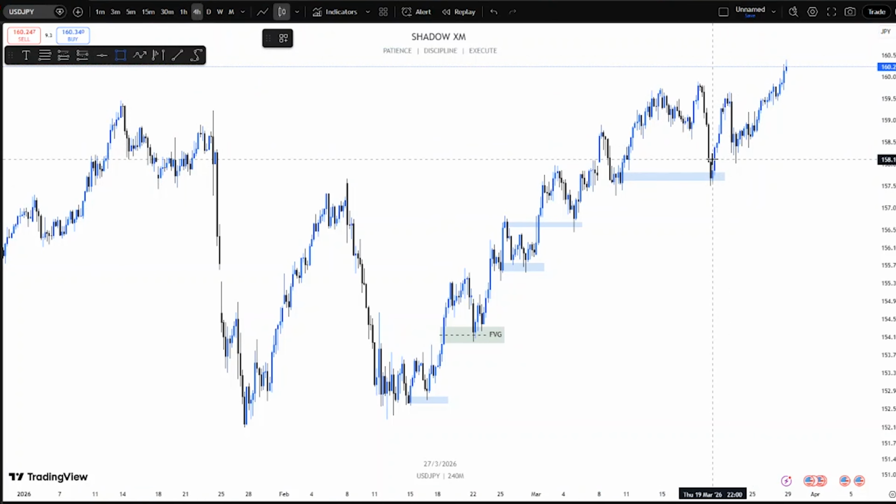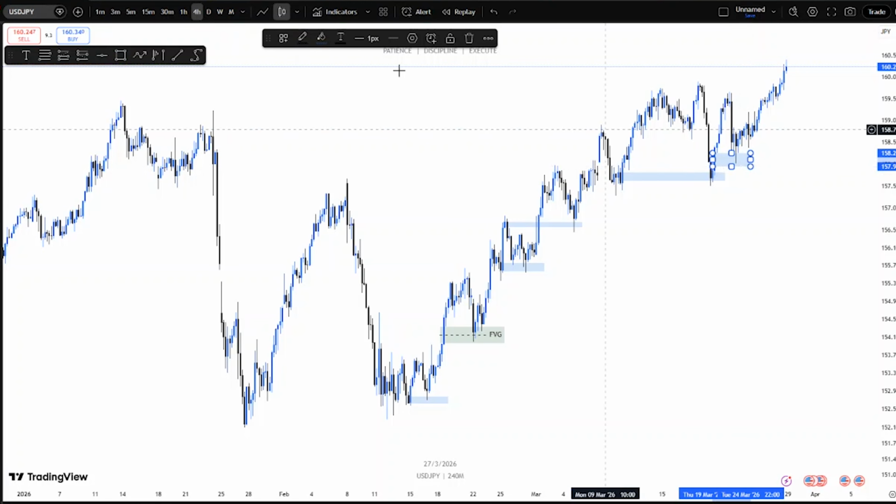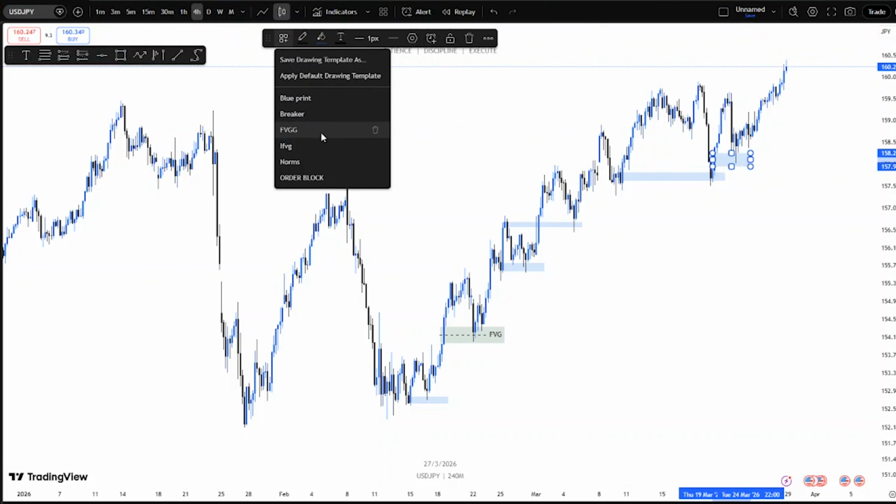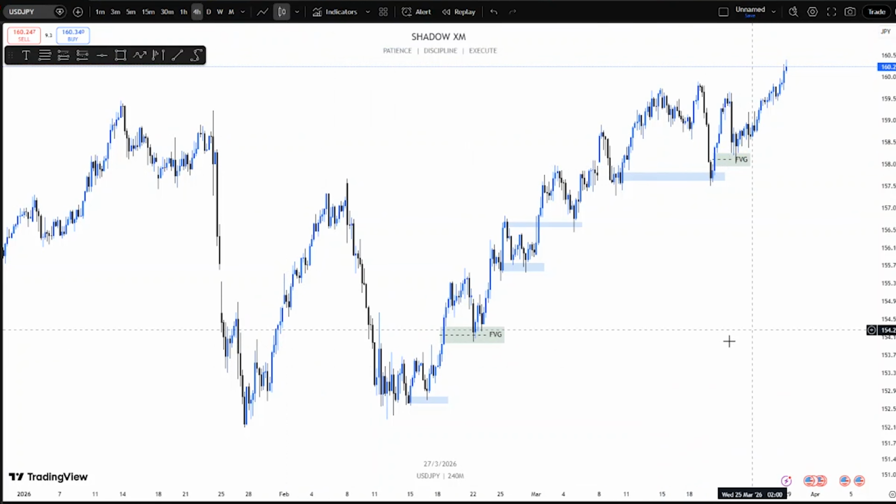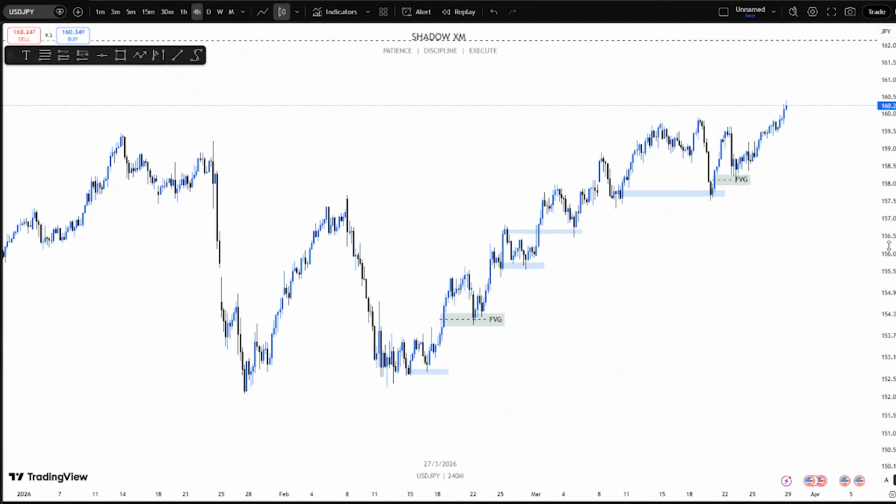Then we have an FVG standing right here. So basically, these are all the possible zones the market can tap or buy from to go to the upside, to continue the trend, to continue the bullish move. But basically, the market is targeting this weekly buy side liquidity sweep.